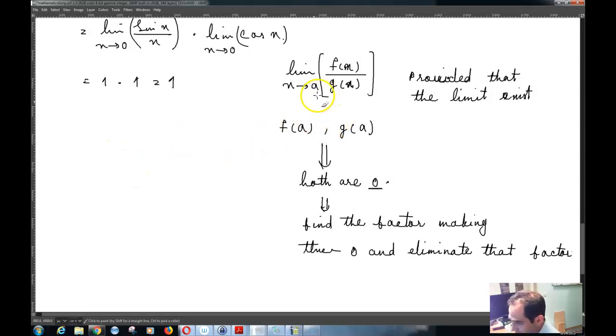Meaning that in this step, you will write your f of x as some f1 of x times some f2 of x, two different polynomials multiplied together. You can write your g of x as g1 of x times g2 of x.